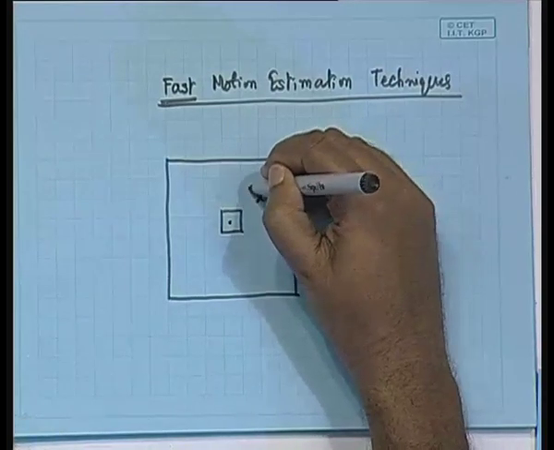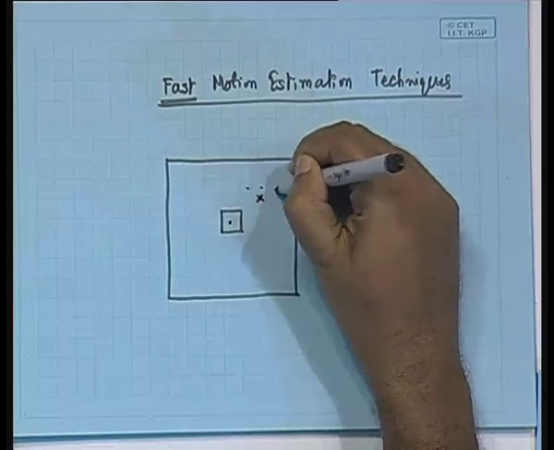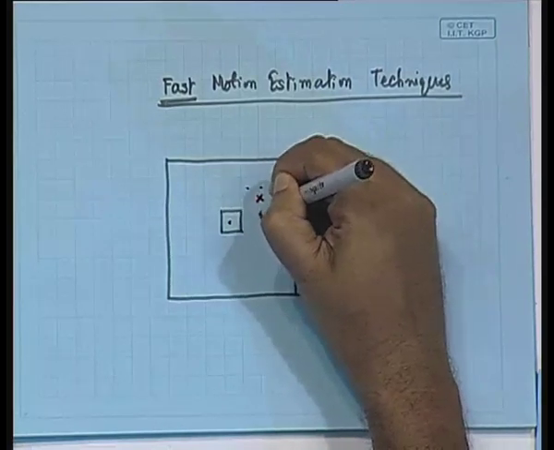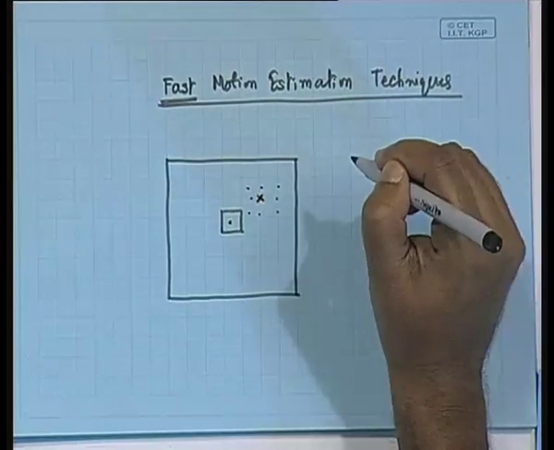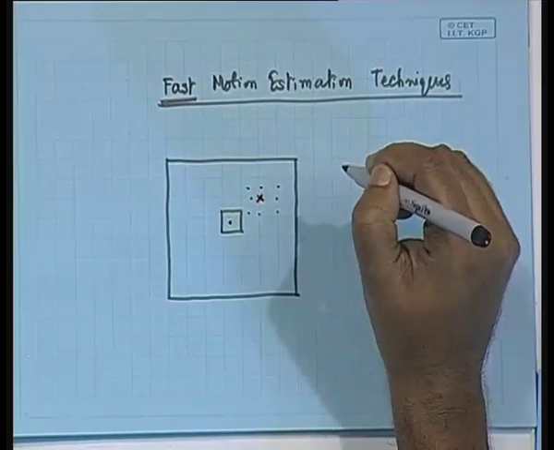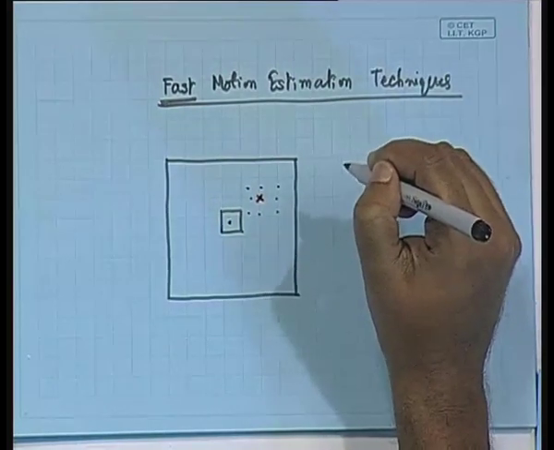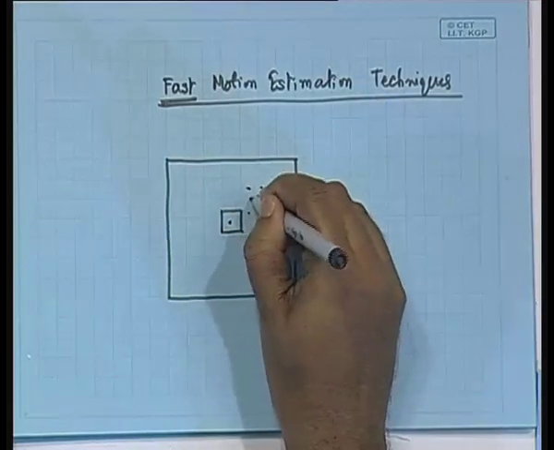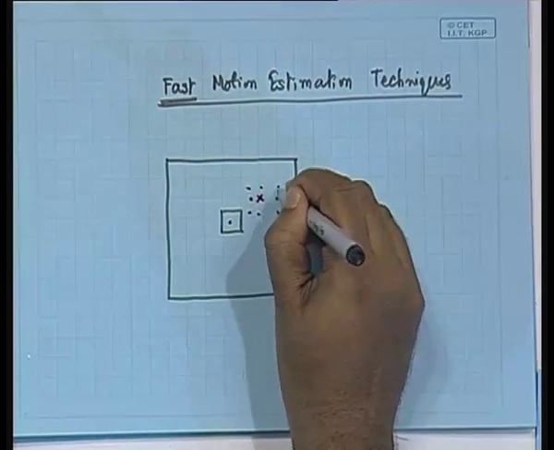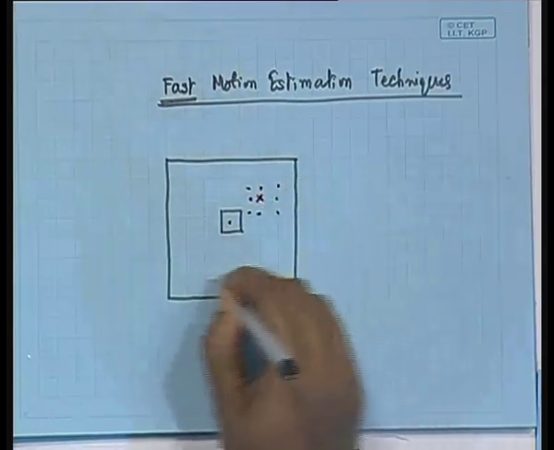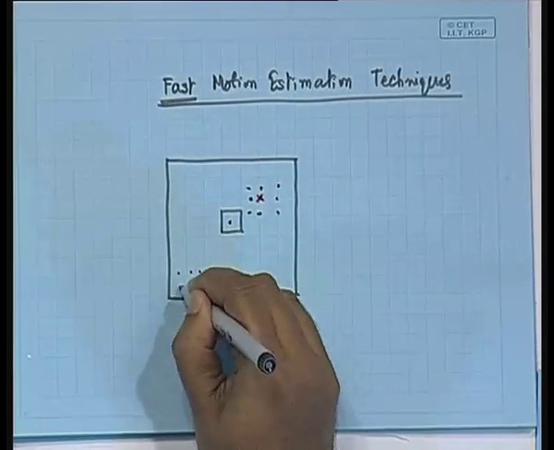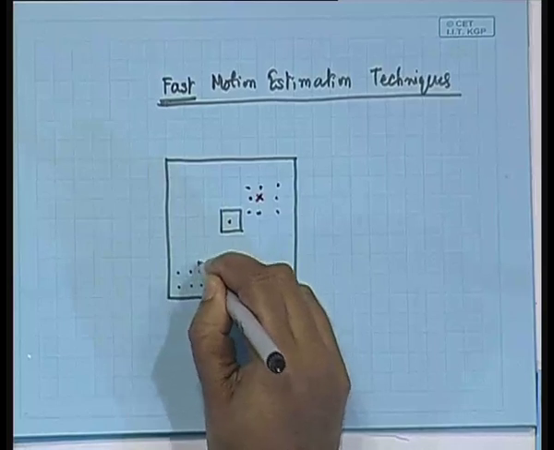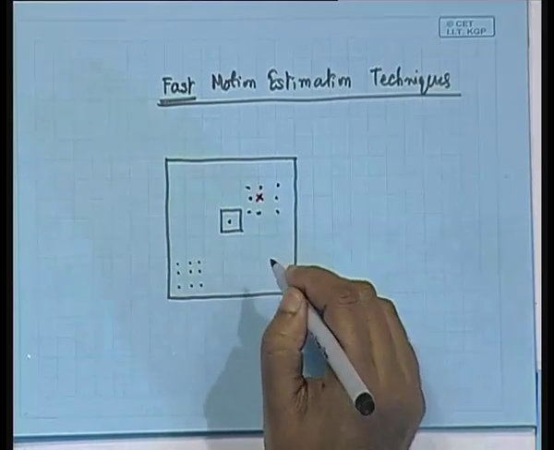No. If you are searching in the close vicinity of the point of minimum, you will still find some lower values. If you search at these locations, here you are going to find lower values as compared to maybe somewhere over here at these search positions, where you are going to find higher values.